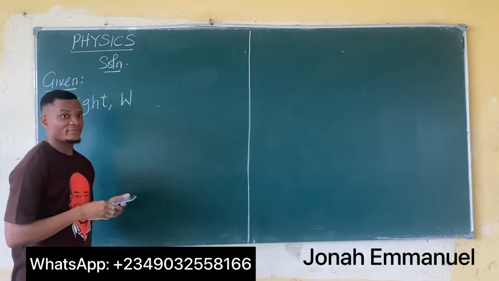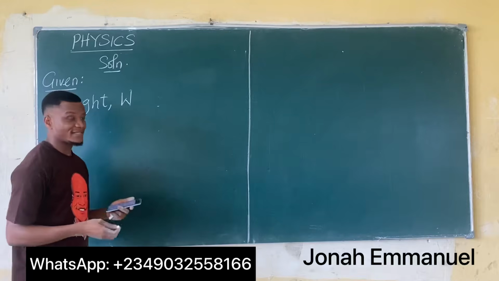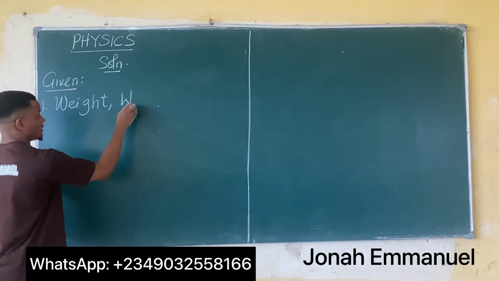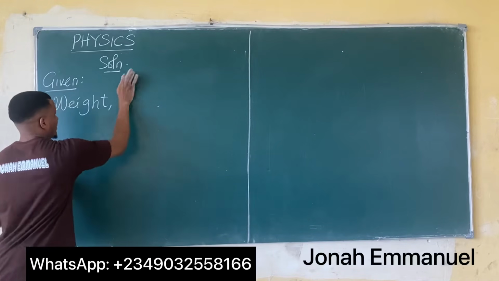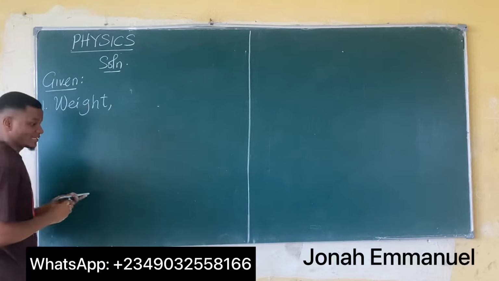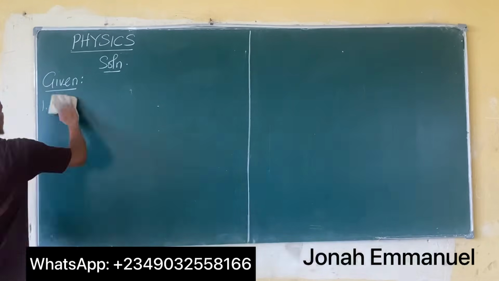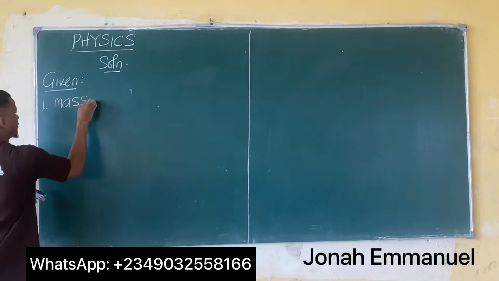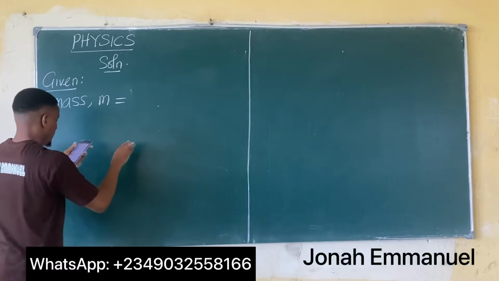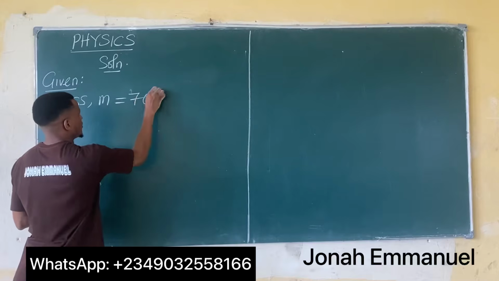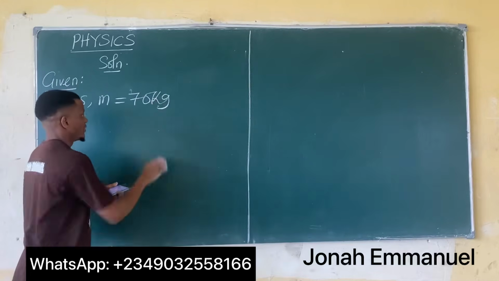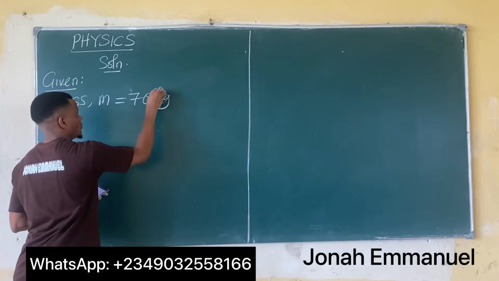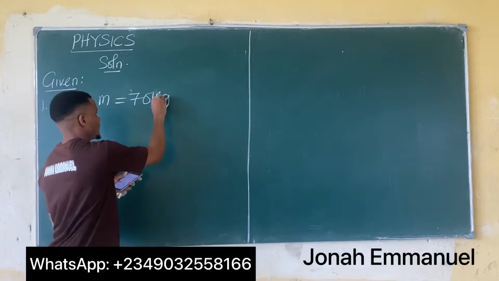Of course, kilogram signifies mass. So instead of weight, I'm given what there? Mass. So hence, I'm given the mass, not the weight. So I'll just change that to mass, that's M as being 70 kg.